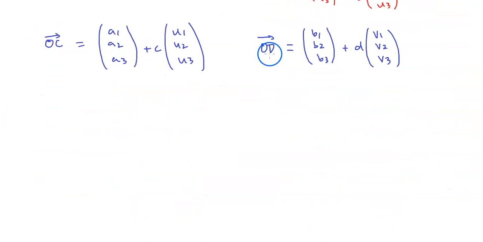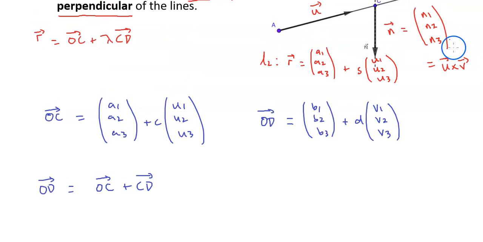But that's not the only way we can calculate OD. We also know that OD is actually equal to OC plus CD. And we know that CD is some multiple of the normal vector. CD is equal to k times (n1, n2, n3).